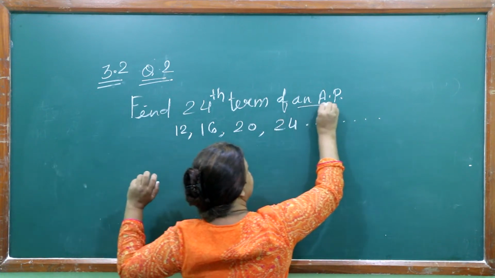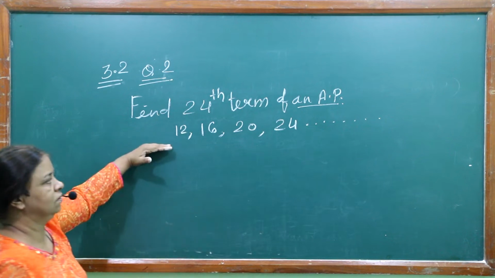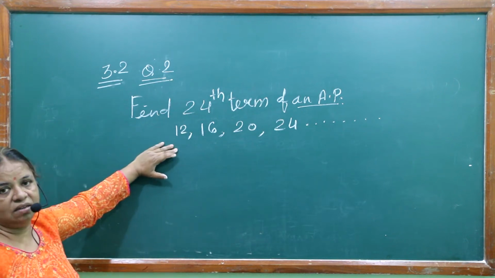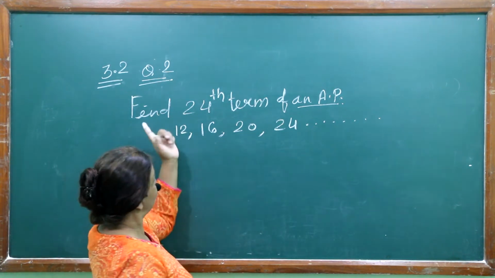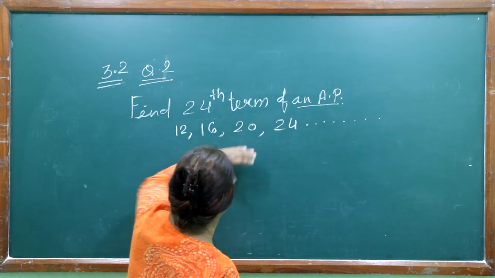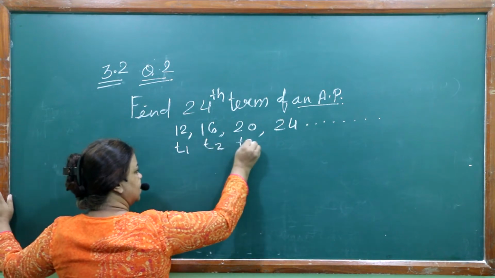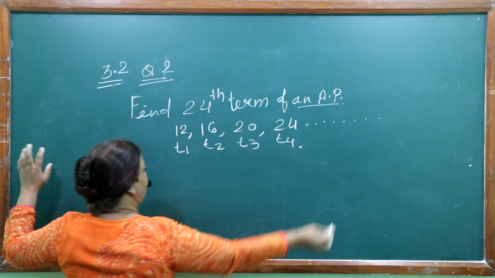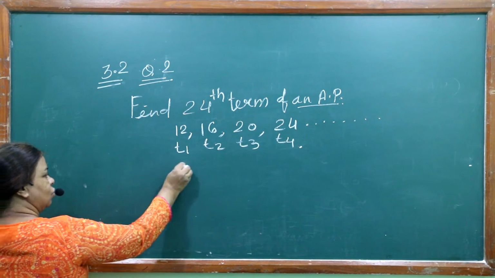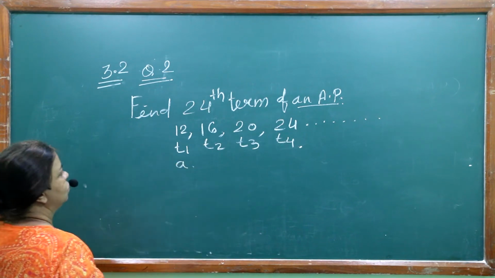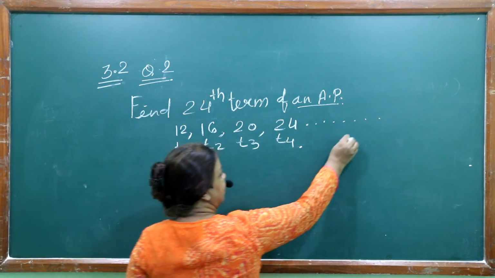So it is already said that this is an AP, so we don't have to decide whether it is in AP or not. This is T1, this is T2, this is T3, this is T4. As you know, T1 is also known as A. And we need to find out T24.